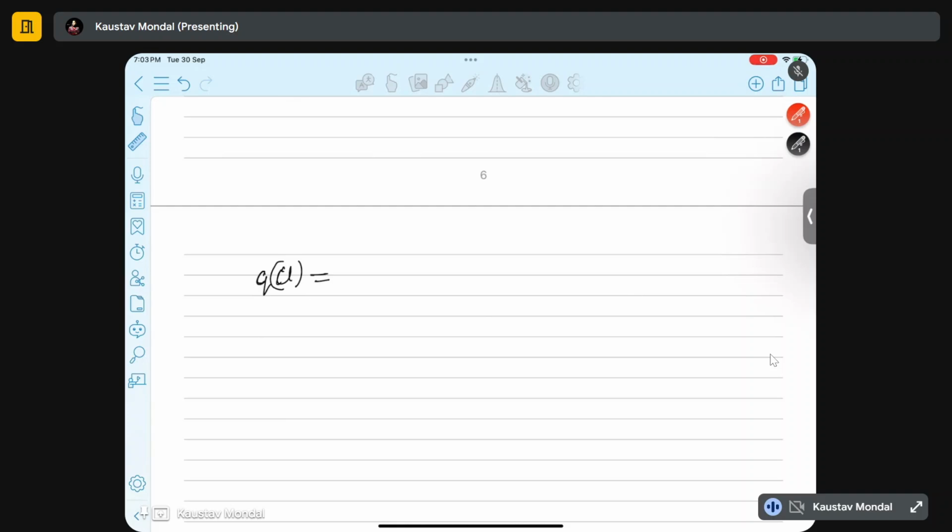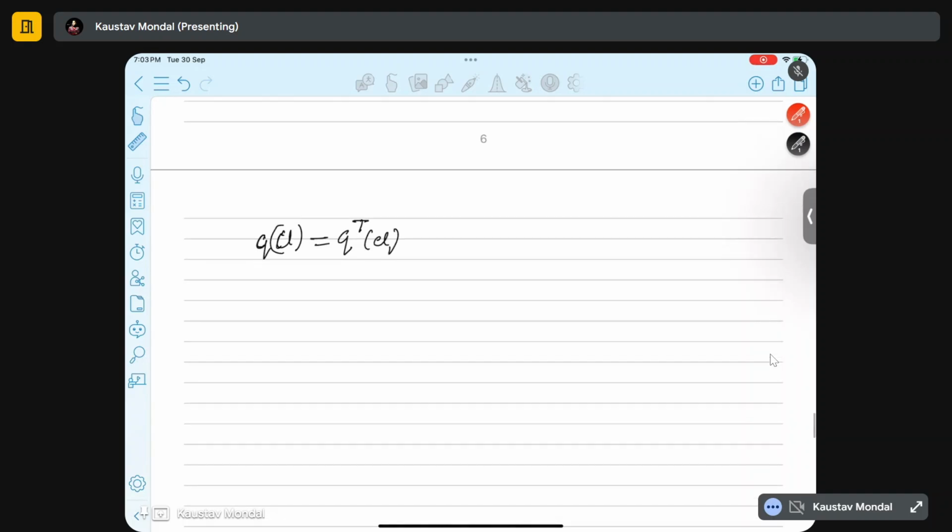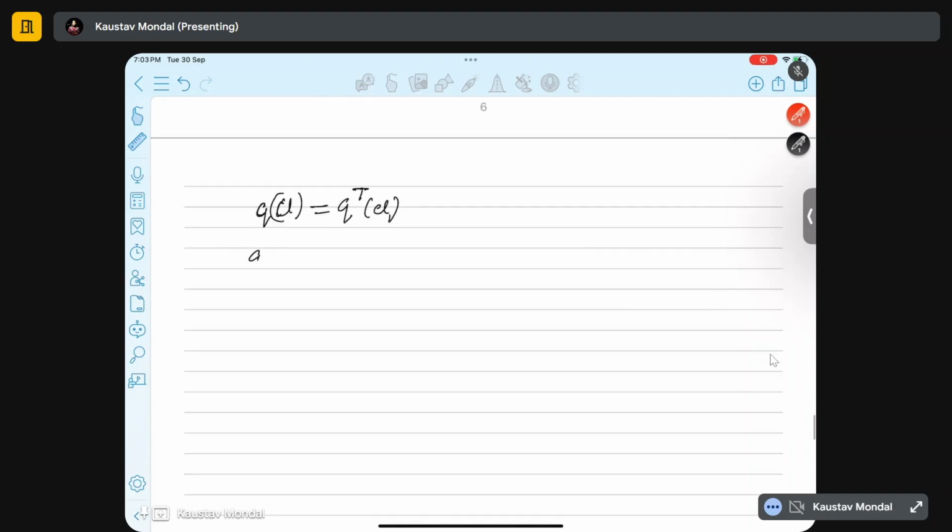So QCl is basically QTCl, where the translational part is there. For Cl2, since it's a molecule, QCl2 has a translational part, a rotational part, and a vibrational part.